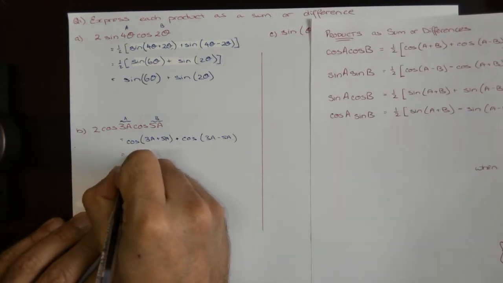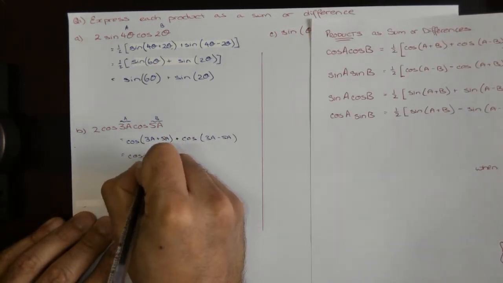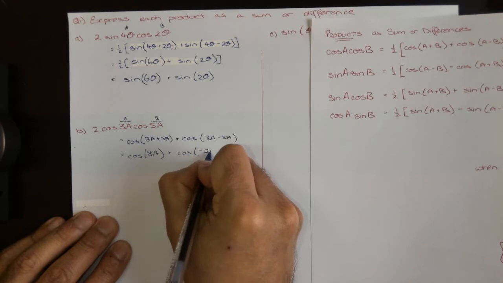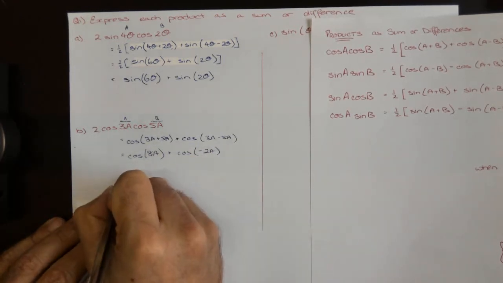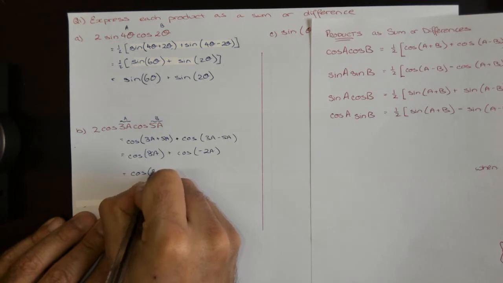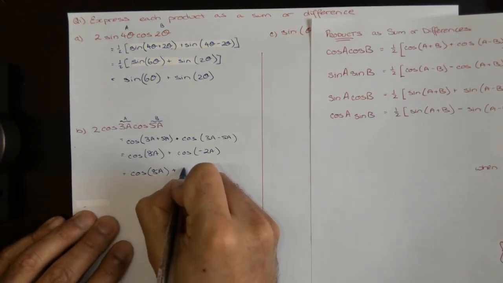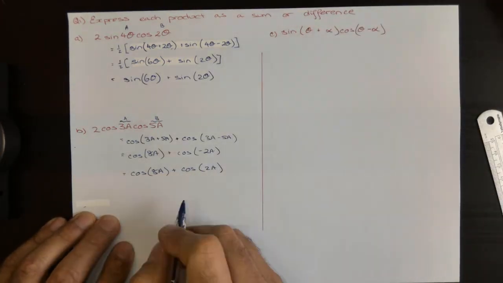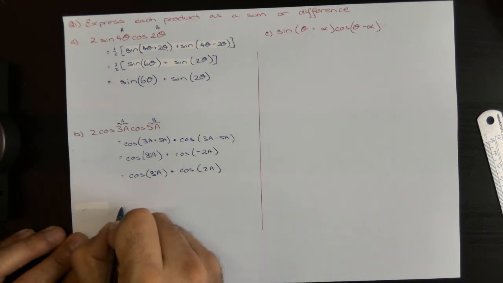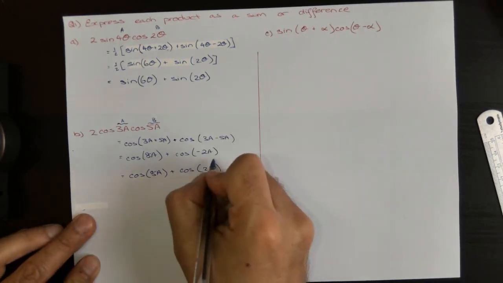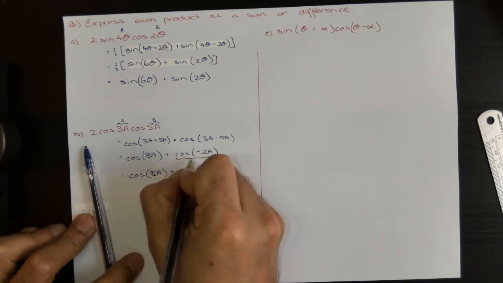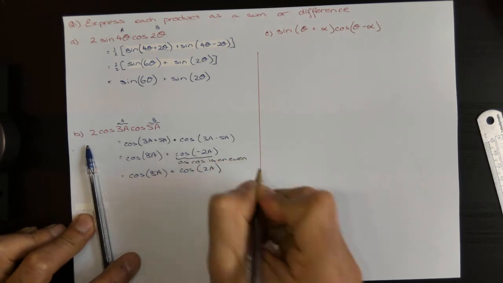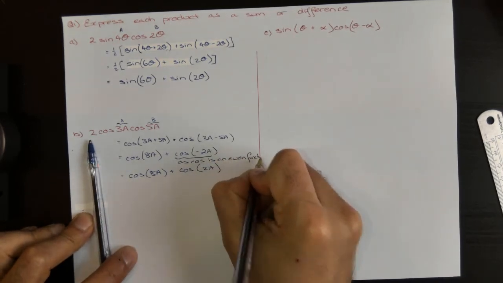Okay, so that's just going to be 3 plus 5 is 8a. This is going to be negative 2a. Now, because it's even, it's just going to be cos 2a, because cos is an even function.